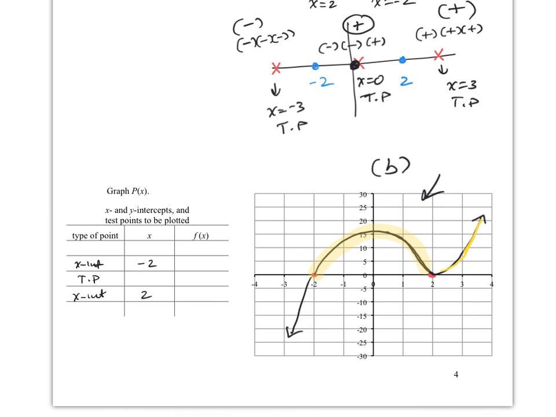And then for the test points we use 0, -3, and 3. This one gives you positive, this one was 0, this gives you positive, this is 0, and this gives you negative. And that's it for week number 9.